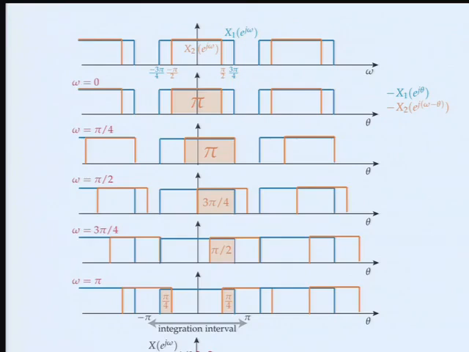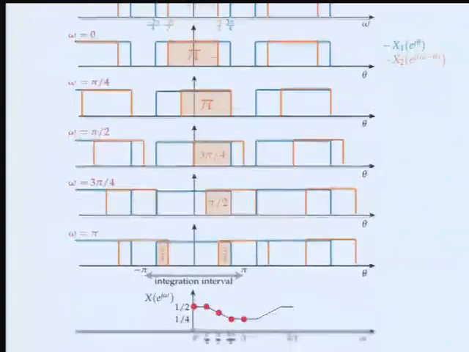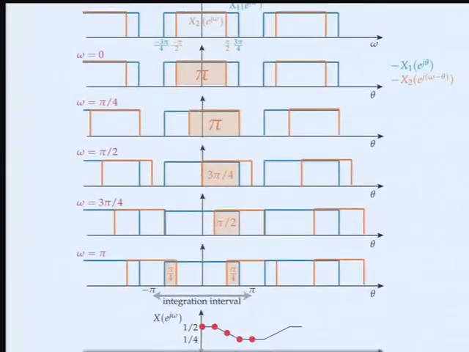Because the orange box is fully under the blue box, right? The moment you start exceeding pi/4, it is going to start sliding out. So you do expect to see the result of the convolution going down with omega. All right?